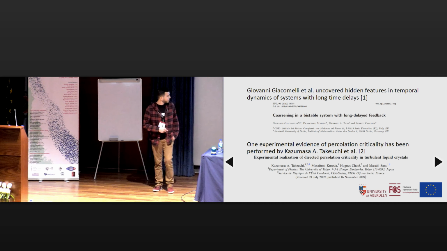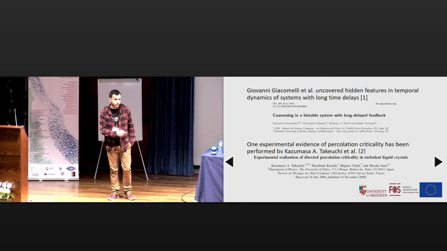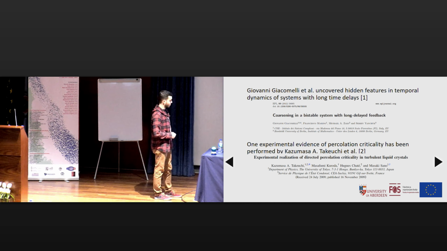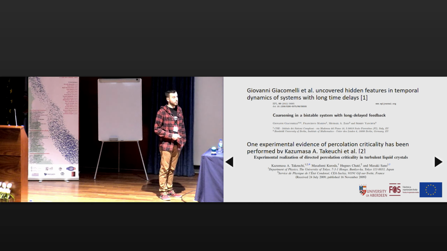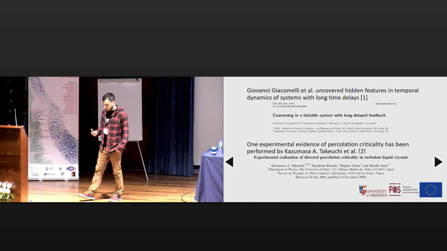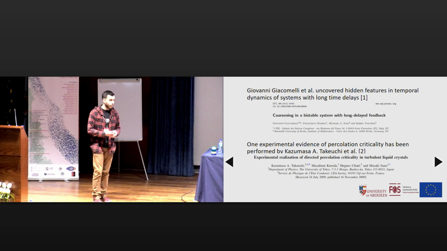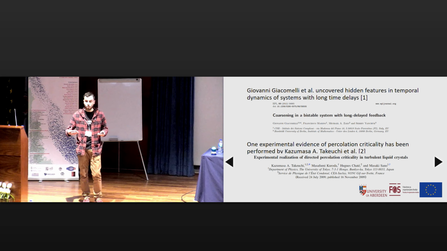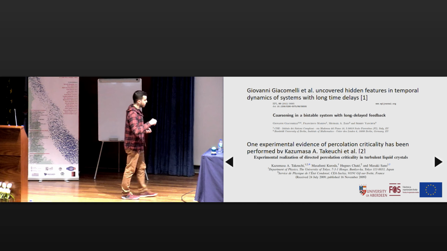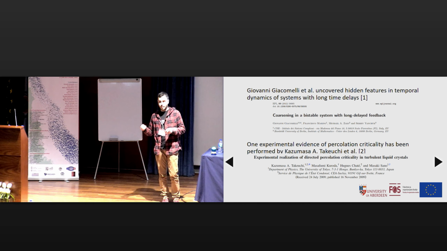So I was saying that he showed these properties of this phase transition, but there are not a lot of experiments showing phase transitions occurring in one-dimensional systems, in particular phase transitions belonging to the directed percolation universality class.